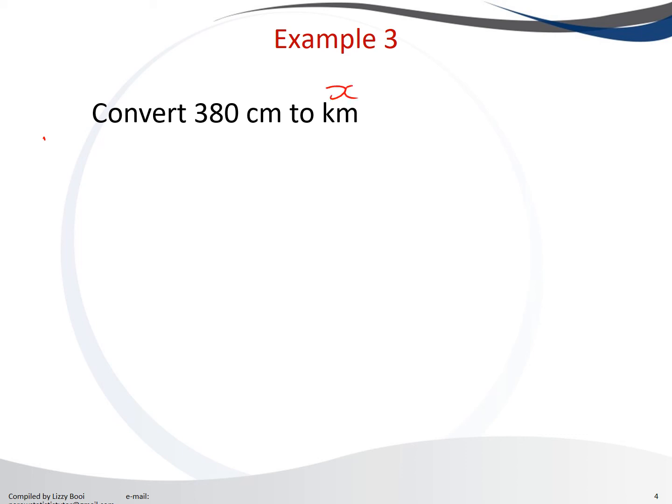Kilometers are our x, and then we have 380 centimeters divided by x is equal to how many centimeters in a kilometer? 1 kilometer is made up of 100,000 centimeters.